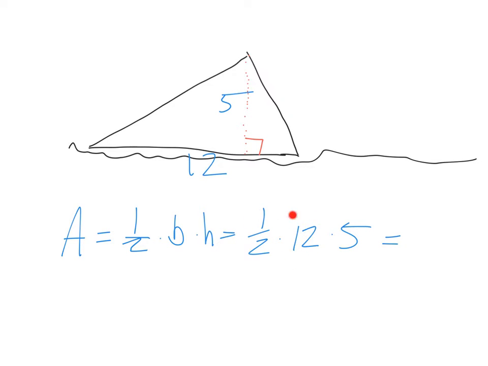What's 1/2 of 12? Half of 12 is 6. 6 times 5, 30. Oop, I didn't have any units up here. Let's say it's inches. So my answer will be inches squared, or square inches. All right, area is always measured in square inches.